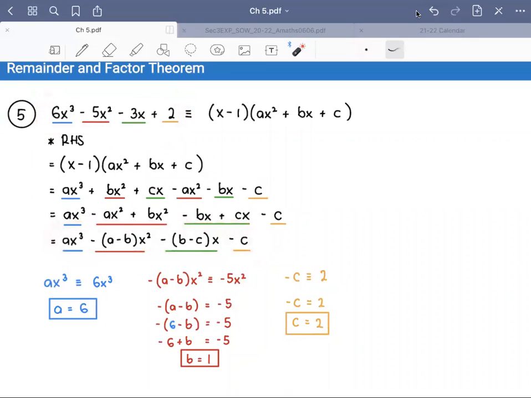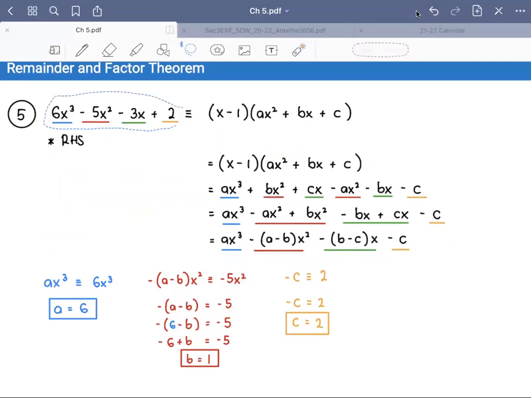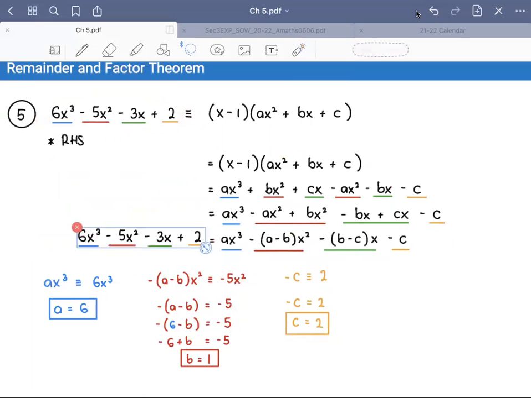Again, let me change how I write this. Let me just move it right here, and it might help you. So you can write them side by side like this. All right, so you see it now.